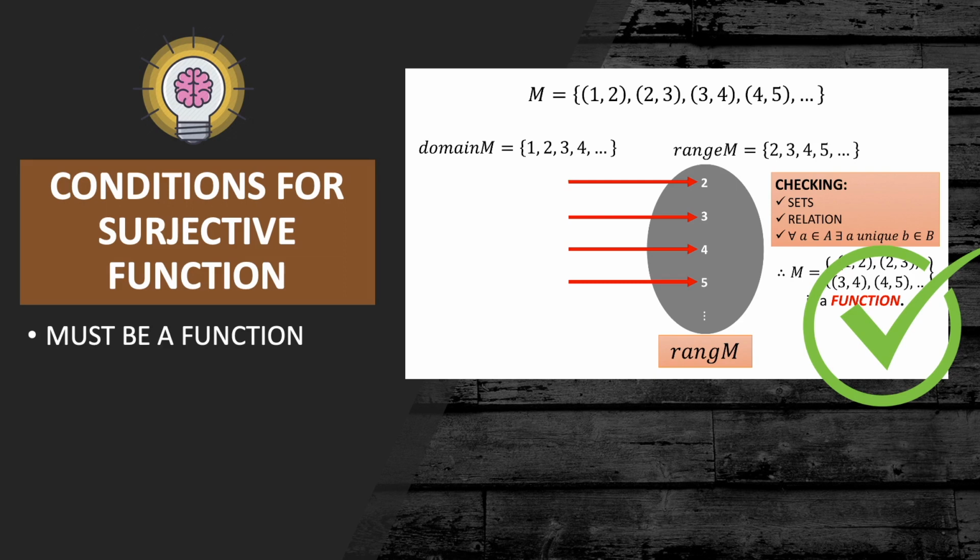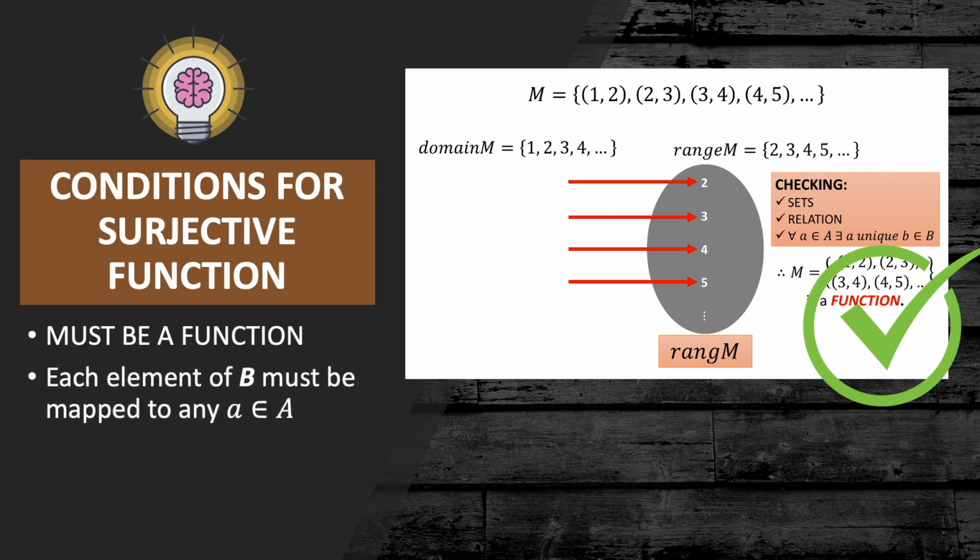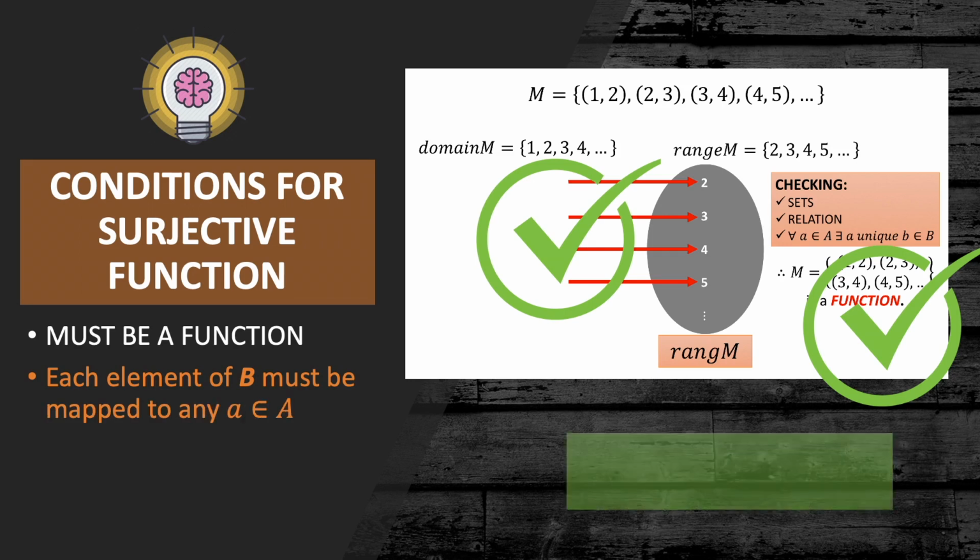The second condition requires that all elements of range M must be mapped to at least one element of domain M. Let's see. Yes, all elements were mapped to elements in the domain. Therefore, set M is also a surjective function.